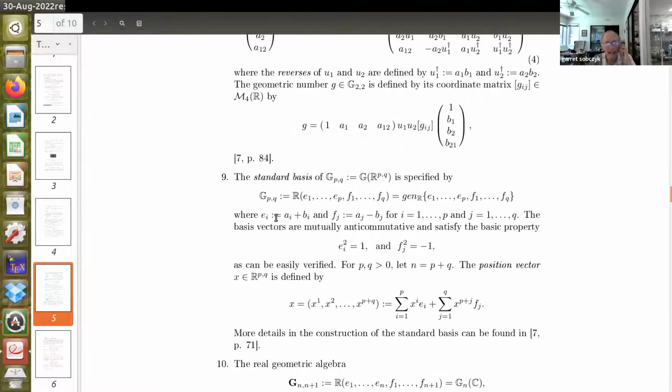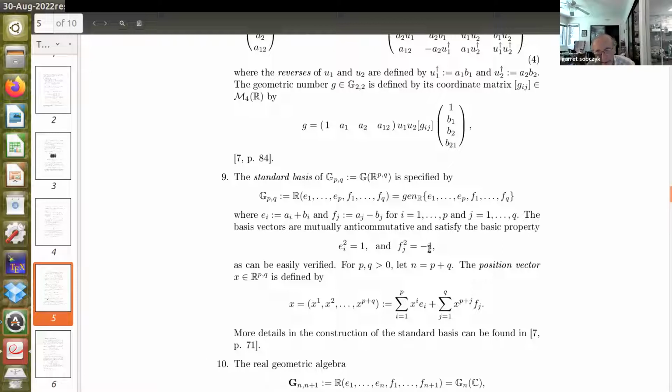So Ei is the standard basis of Gpq. Well, in this case, I'm thinking about Gnn. Ei is equal to Ai plus Bi. Fj is equal to Aj minus Bj. Now, if you calculate the square of those things, you find Ei squared is equal to 1, and Fj squared is equal to minus 1, and they're anti-commutative. Okay, that's what I say here, anti-commutative vectors, and they satisfy this property.